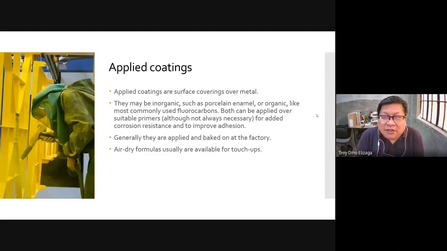Now, applied coatings, I think this is not yet the last. In your notes, there are many possible chemicals that can be used as coating for metals. Sometimes we call them powder coating.